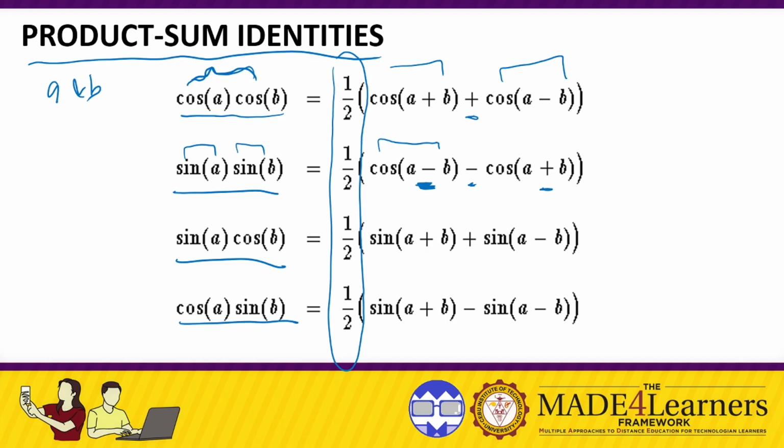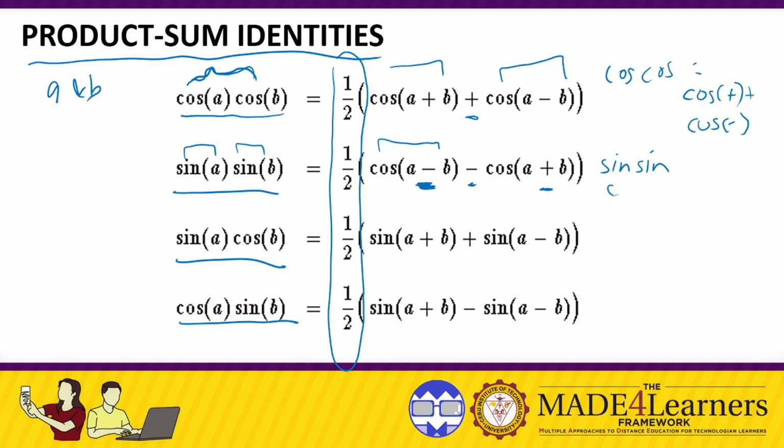To easily remember the product sum identities: for cos cos and sin sin, the answer for cos cos is cos plus cos, with cos(A plus B) and cos(A minus B).